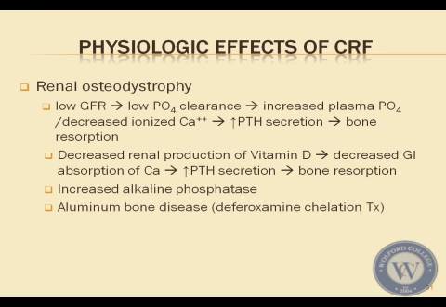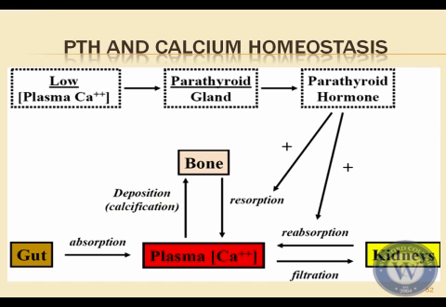There's also decreased renal production of vitamin D with decreased GI absorption of calcium, elevation in parathyroid hormone secretion, and bone resorption. And renal osteodystrophy also leads to an increase in serum alkaline phosphatase, and sometimes we'll get aluminum bone disease, which is good that we're avoiding more aluminum nowadays, and that's going to cause also pathological fractures.